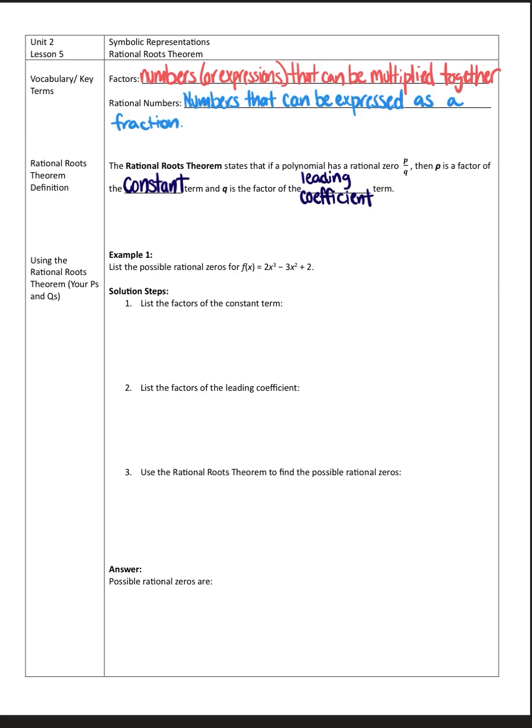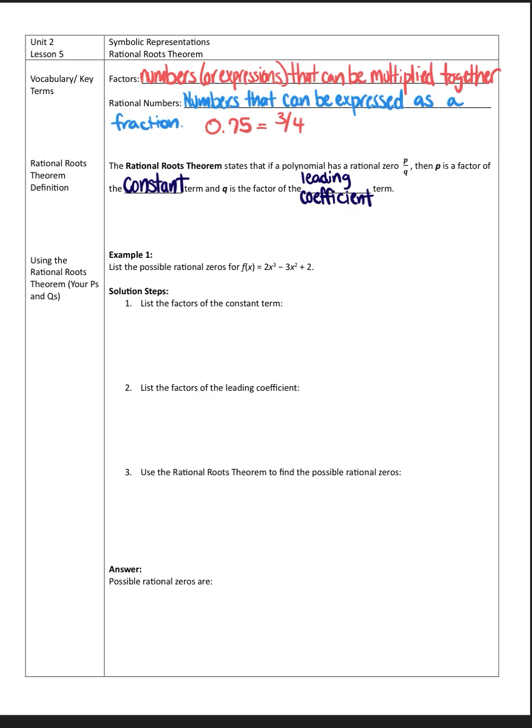Now, let's look into rational numbers. These are numbers that can be expressed as a fraction. So, for instance, a number like 0.75, well, I can represent that as a fraction of 3 over 4.